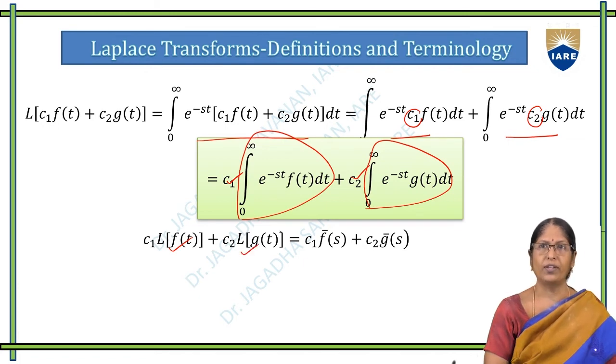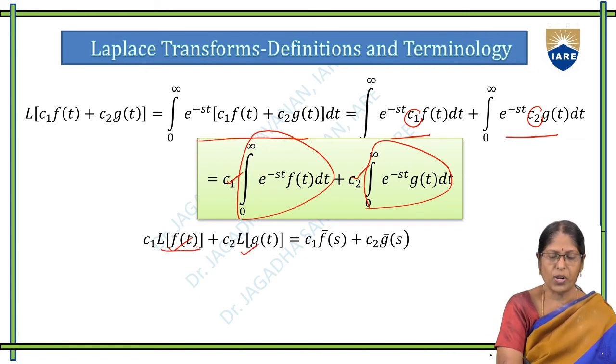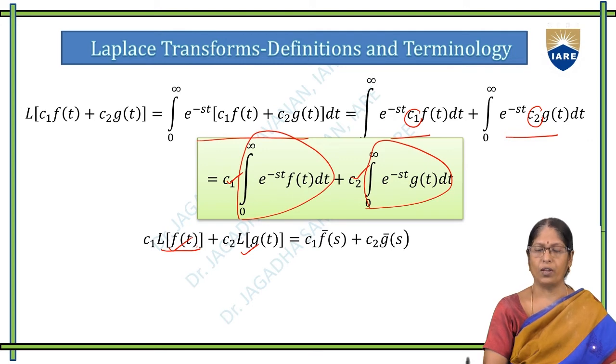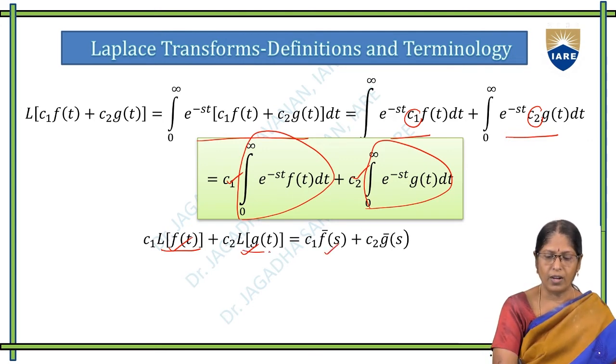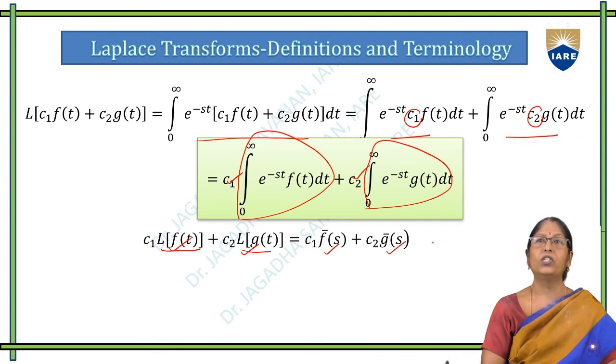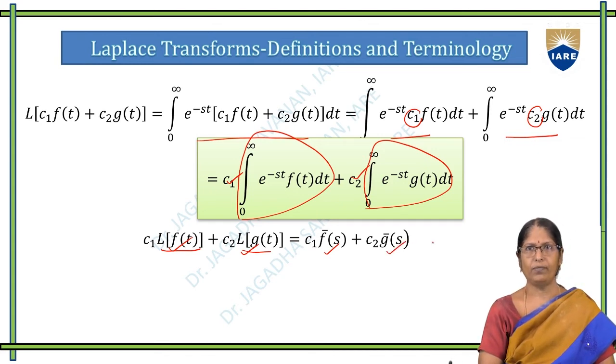The notation for L of f of t is f bar of s, and L of g of t is g bar of s. So what is the basic concept of our linearity property?